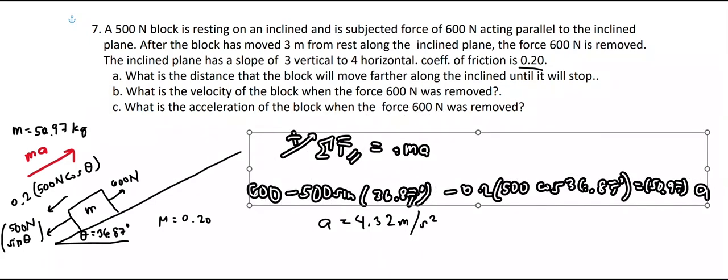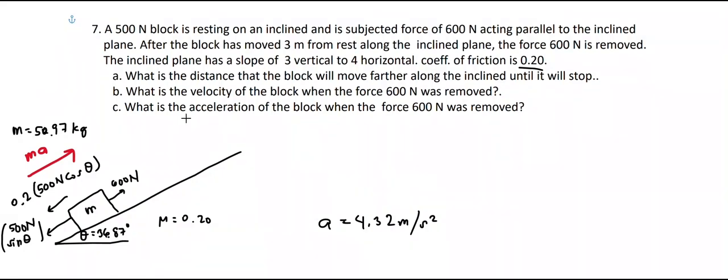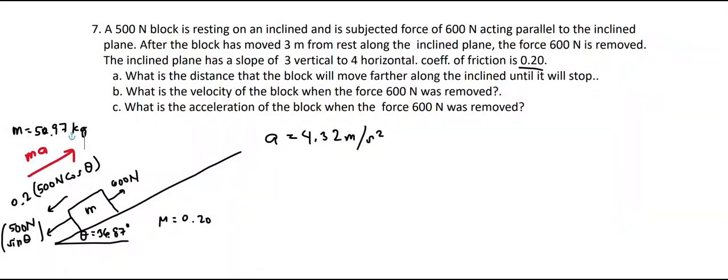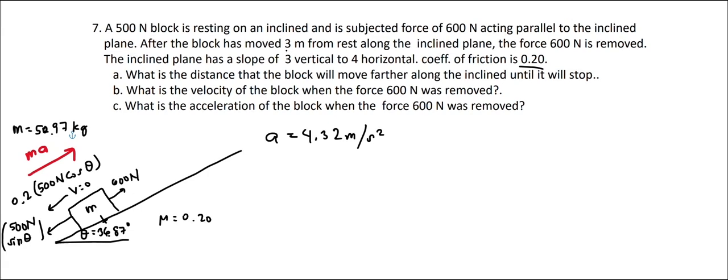Now we can proceed to solving for the distance that the block will move farther along the incline until it will stop. After some time, this block will move 3 meters from rest along the inclined plane. Let's say it will move right here, and it will have a velocity equal to v sub b. We can solve this using the kinematics equation given the initial velocity, acceleration and the distance, that is v sub f squared equal to v sub i squared plus 2ad.